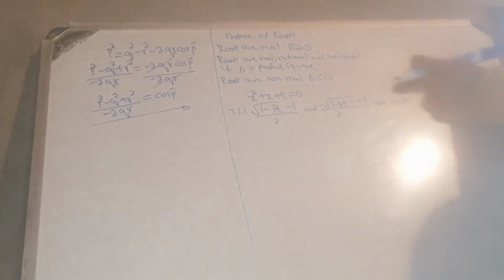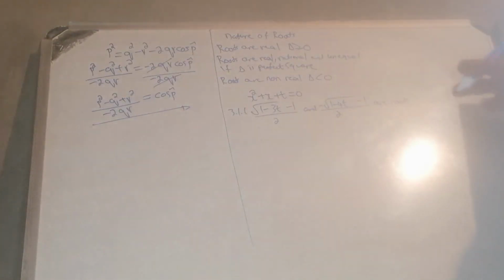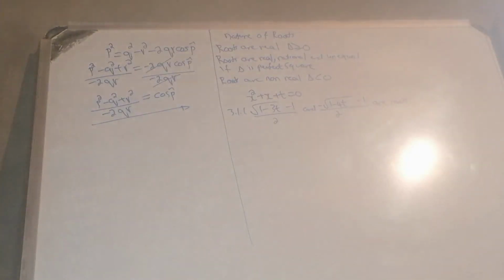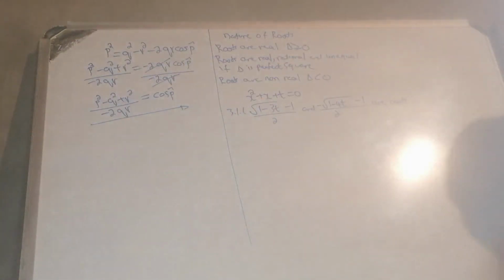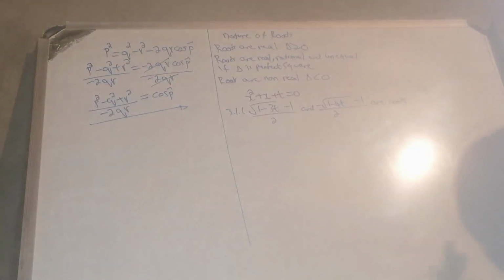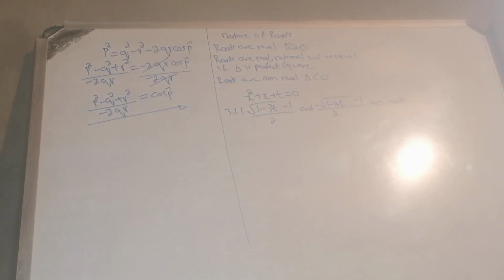They say, given the equation, show that these are the roots. We are given the equation and we need to show that these are the roots of that equation. How did they get to that value?